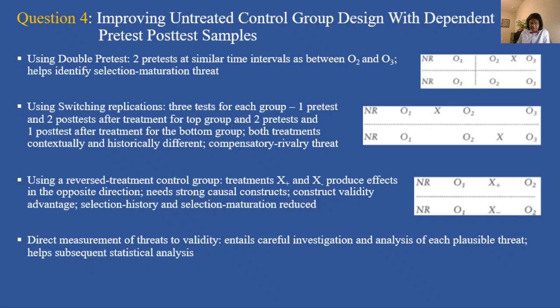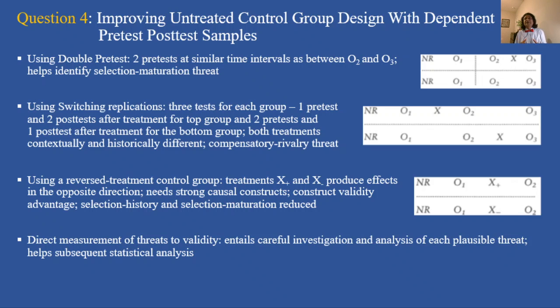As seen in the diagram, this design revolves around the concept of opposing treatment effects. So, in the upper line, treatment X plus produces an effect in one direction and X minus in the lower line in the reverse direction as compared to X plus. This design is supposed to have a specific construct validity advantage. The causal construct, however, has to be carefully elaborated to ensure sensitivity to measuring effects in both directions.